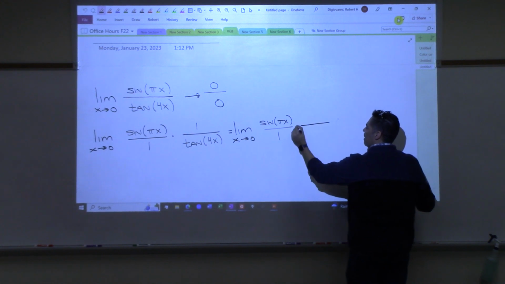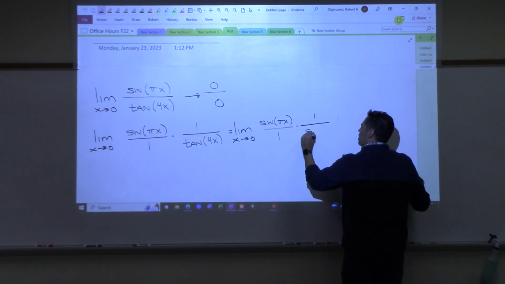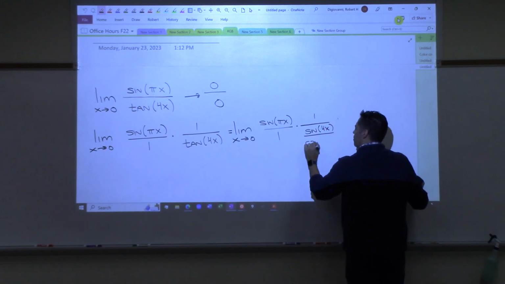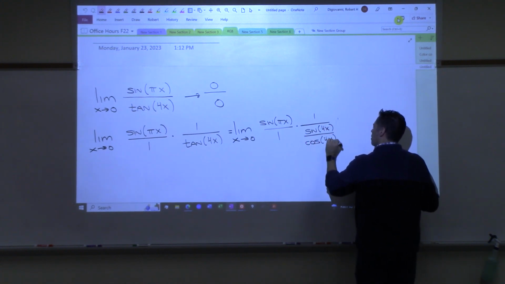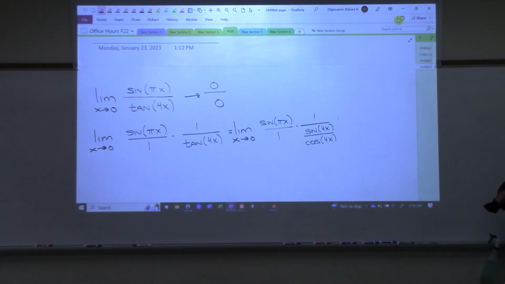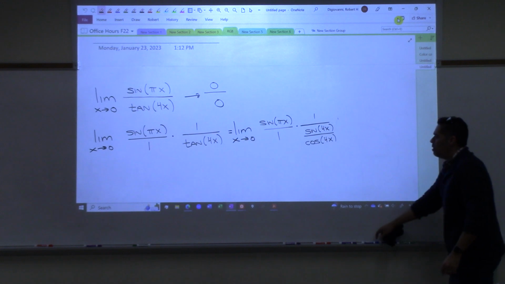This is going to be times 1 over sine 4x over cosine of 4x. And that's 1 divided by a fraction, right? Anytime you have 1 over a fraction, you can flip the fraction over. So how could I rewrite that if I wanted to?